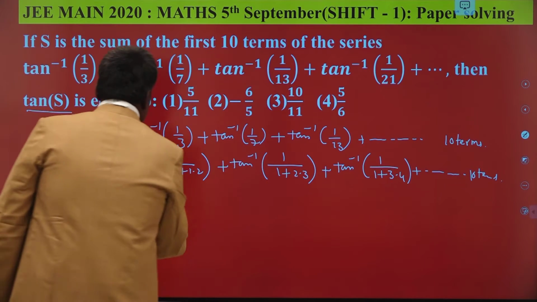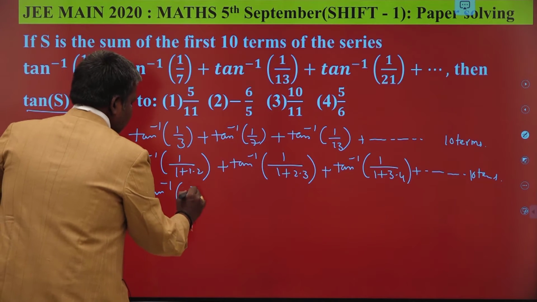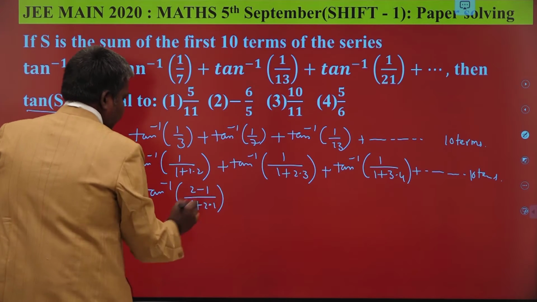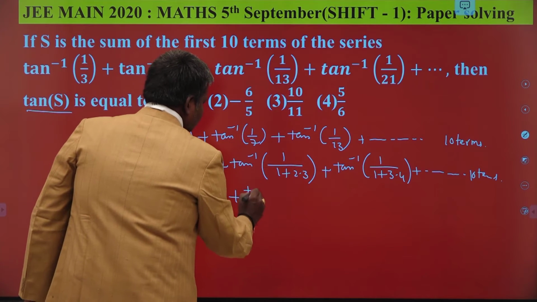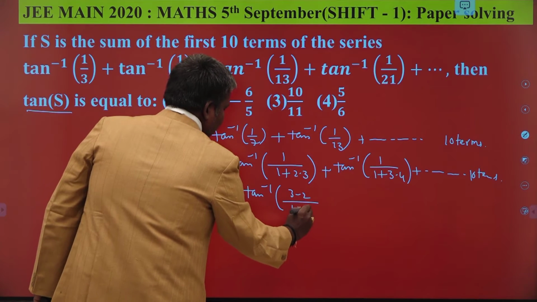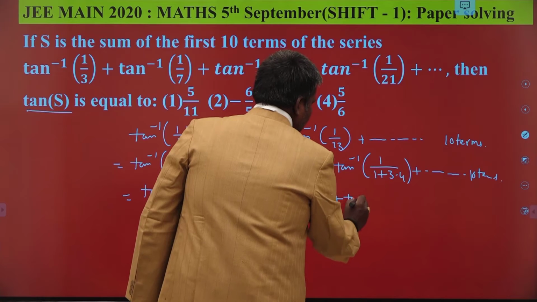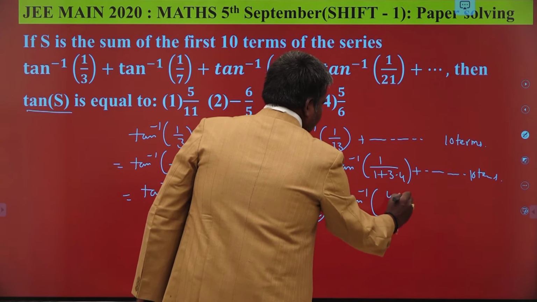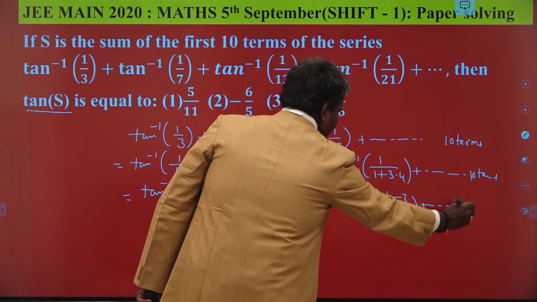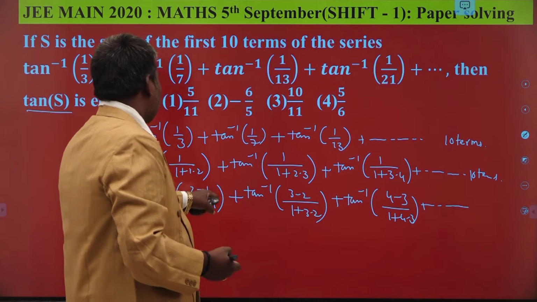So this can be written as tan inverse of (2 minus 1) by (1 plus 2 into 1), plus tan inverse of (3 minus 2) by (1 plus 3 into 2), plus tan inverse of (4 minus 3) by (1 plus 4 into 3), and so on.